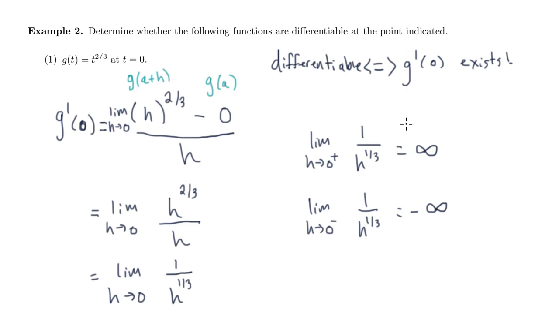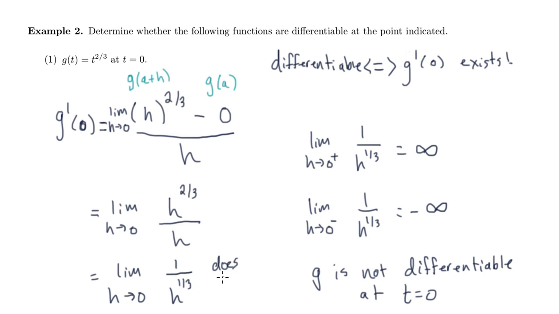So what does this mean? g is not differentiable at t equals 0. And why is that? Because this limit does not exist.